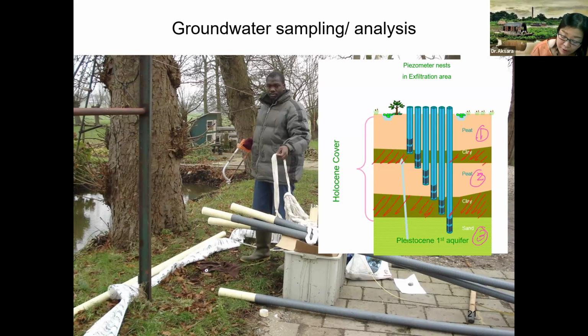So you need to have monitoring wells that cover all those 3 aquifers. I would say that well number 1 is taking care of aquifer 1. Wells number 2, 3, 4 are covering the second aquifer.